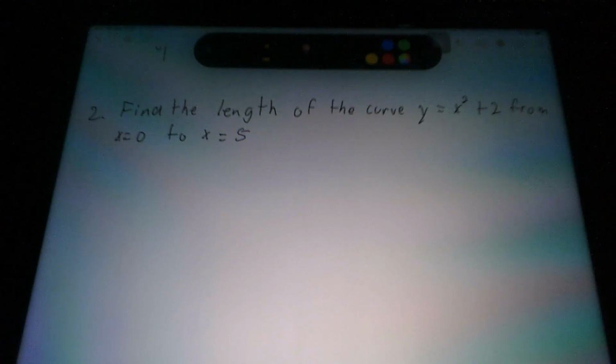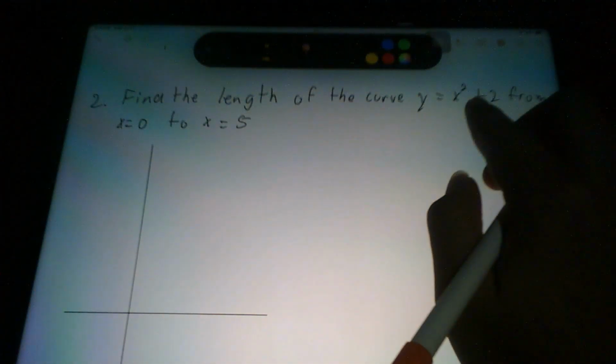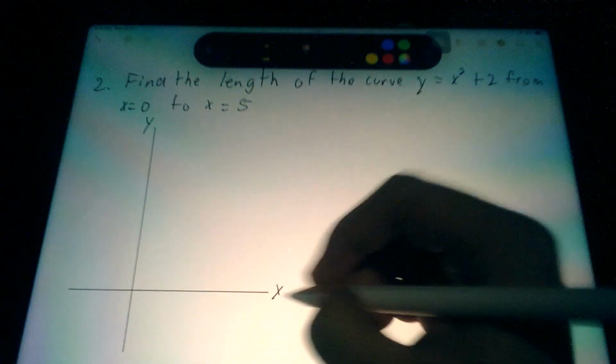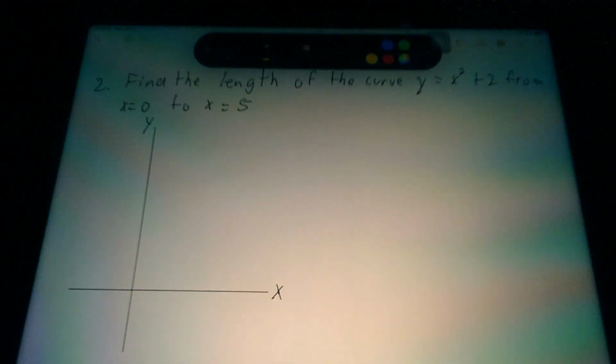Find the length of the curve y equals x squared plus 2 from x equals 0 to x equals 5. So first we need to illustrate. So y equals x squared plus 2 is a parabola. Guys, reminding you how to get the points here.